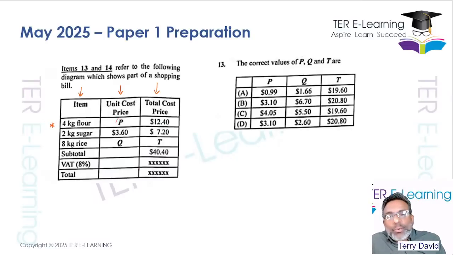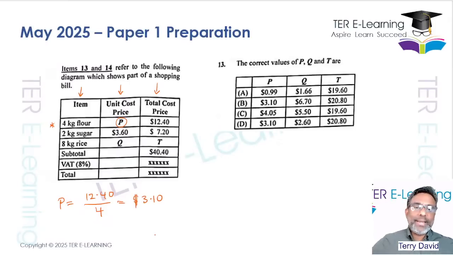To work out what P is, the price of the 4 kilograms of flour, you take the 1240, that's the total cost, and divide that by 4 to get the unit price for the flour. 4 can go into 12 3 times, so it's $3.10. So you know that P is 310, so you could tick this off, and you know the answer is either B or D.